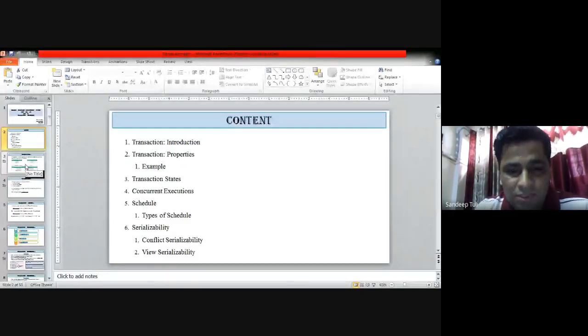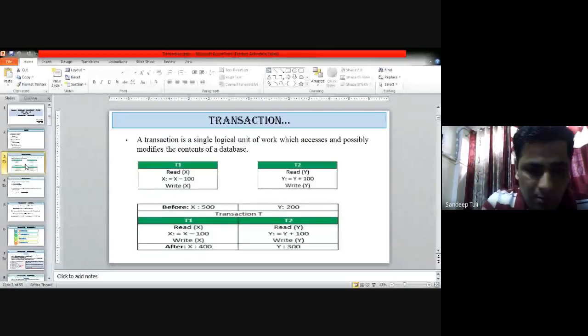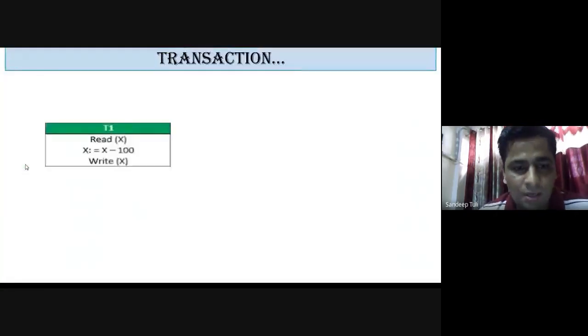So first of all, the transaction. Look at your screen. This is a simple table which contains three statements right now, and it is headed by T1. The T1 is there for specifying the transaction.